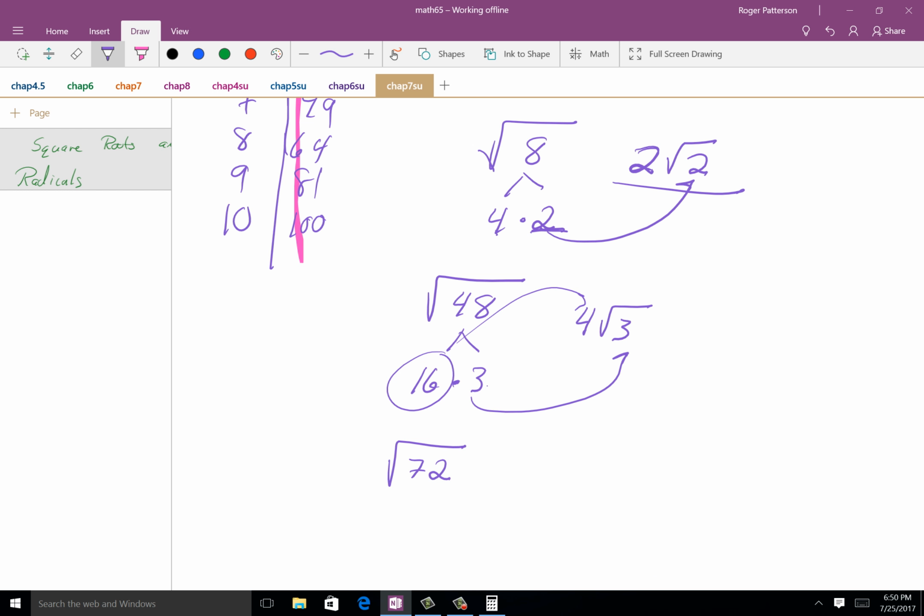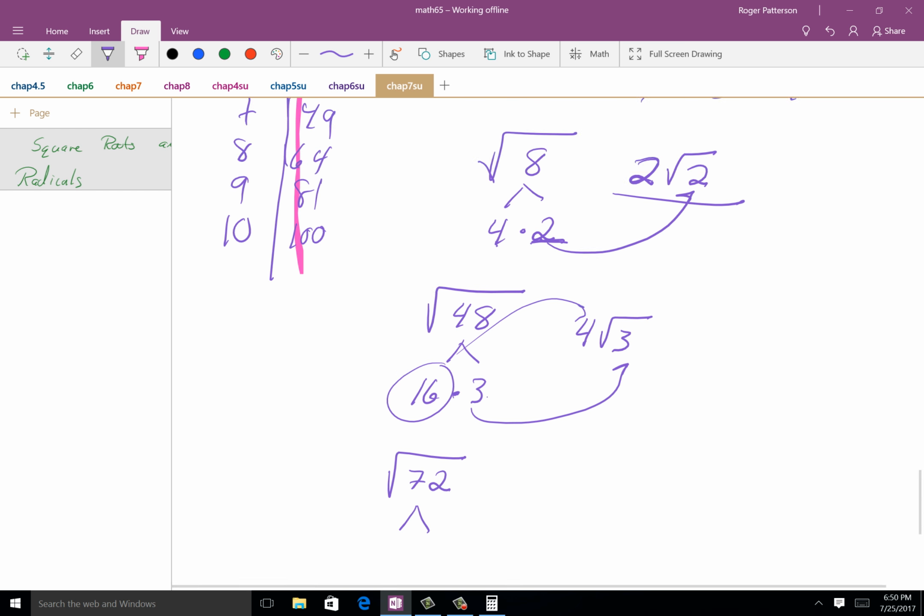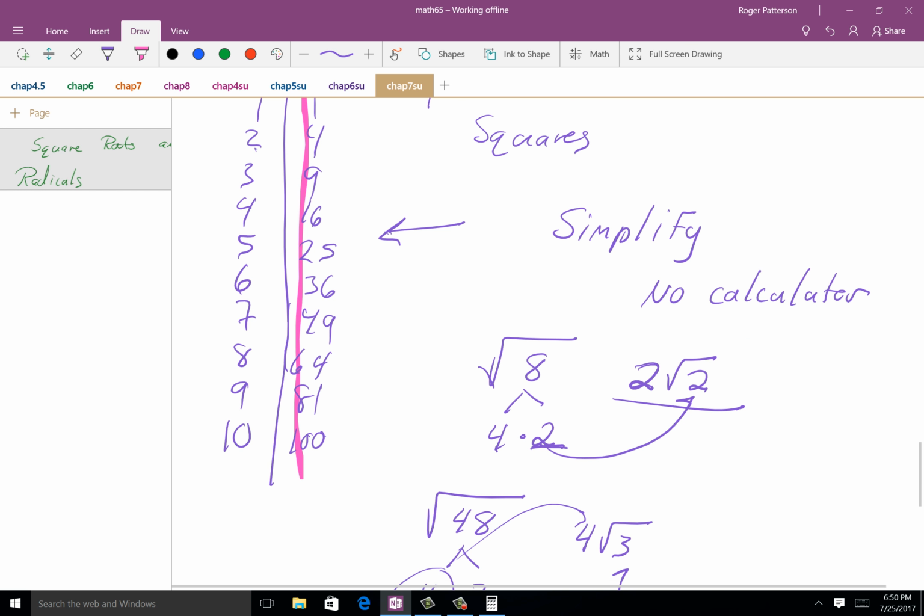Alright, so let's try 72. Going back to this chart, we want to find the largest number that goes into 72. I think 4 does. 9 does. Anything larger than that? 36.